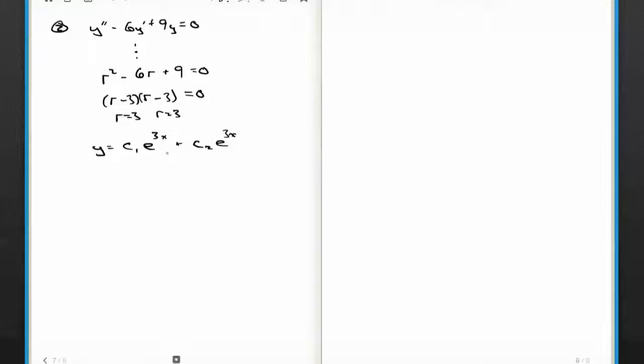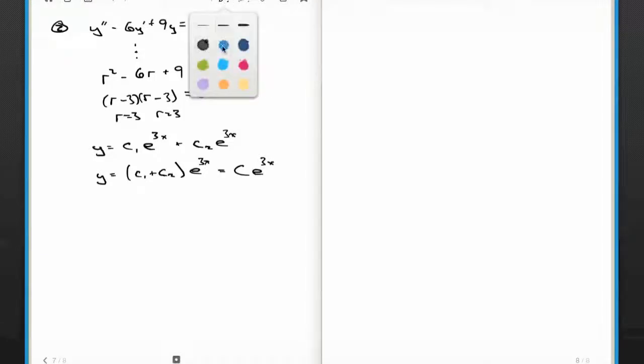But these are really the same. Why do I write it like this? Why wouldn't I write it as y equals c1 plus c2 times e to the 3x, which really I could just write as c e to the 3x.